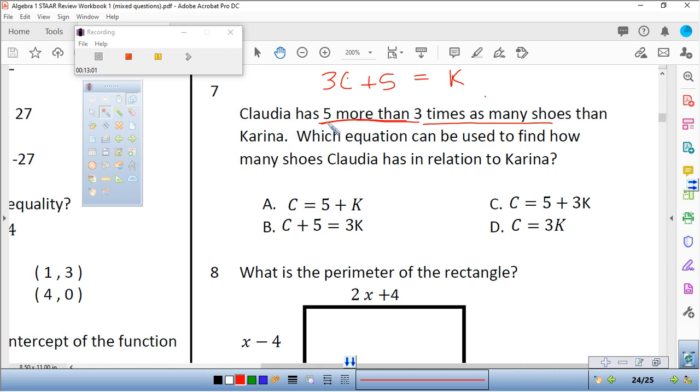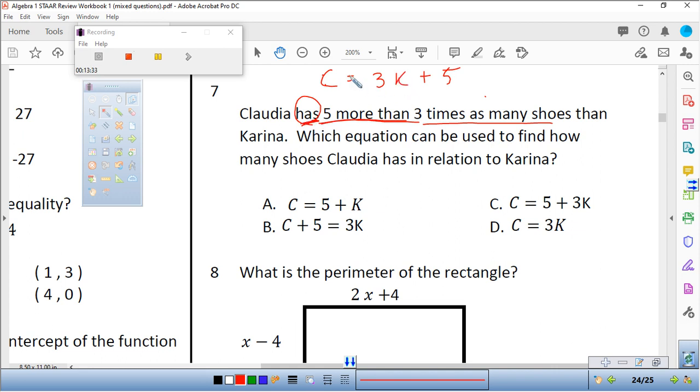Claudia has 5 more. Oh, that's wrong. This is the is, right? Yeah, there it is. So we're going to go Claudia has or is 5 more plus 5, 3K. Yeah, there it is.